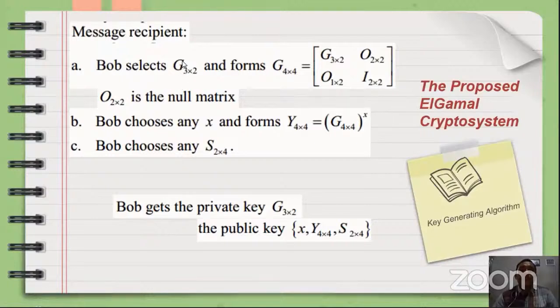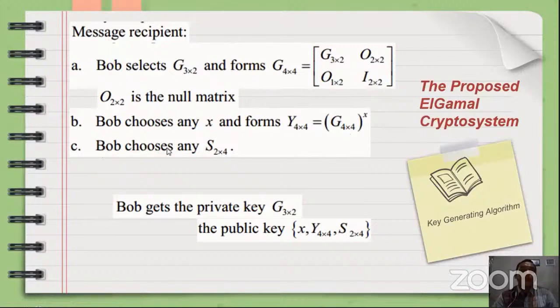Bob selects G, a 3 times 2 matrix, and from G builds a 4 times 4 matrix with its patterns, with O 2 times 2 the null matrix, and I the identity matrix. Next, Bob chooses any X, and from Y 4 times 4. This is the algorithmic equation.